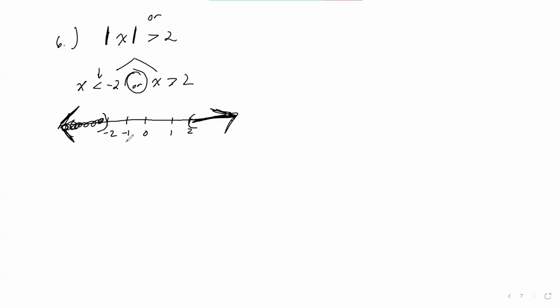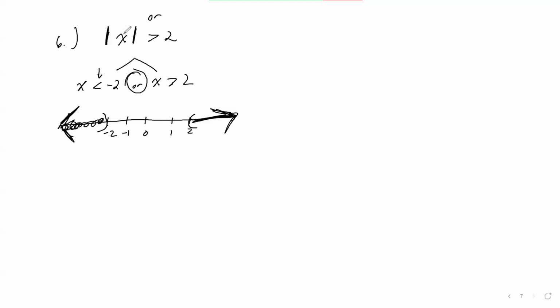So let's take -4, which is somewhere out here. I want to plug it in. What's the absolute value of -4? 4. Is 4 greater than 2? That's true. Let me choose 4 over here. What's the absolute value of 4? 4. Is 4 greater than 2? Yes. But let's make sure we didn't make any errors. Let's take -1.